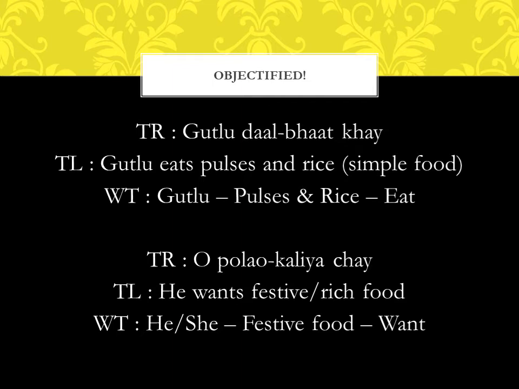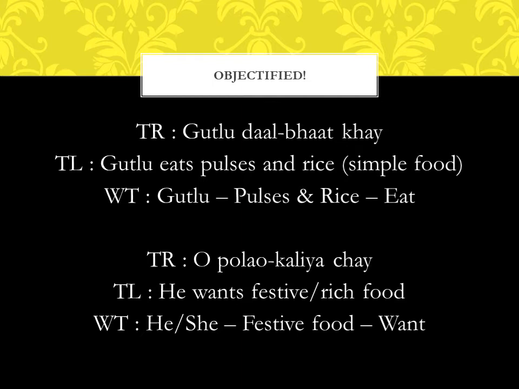And kalia is a rich gravy preparation usually of fish. So dal bhat means simple food. Pulao kalia means festive or rich food. So gutlu dal bhat khai, o pulao kalia chai. He eats simple food, but he wants rich food.